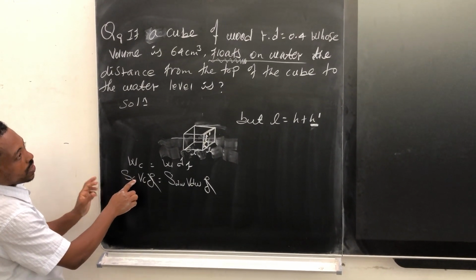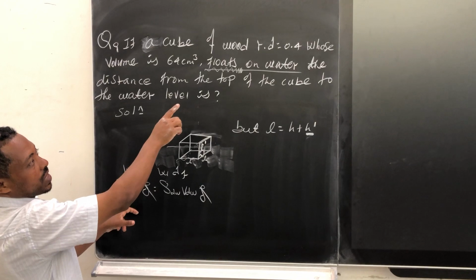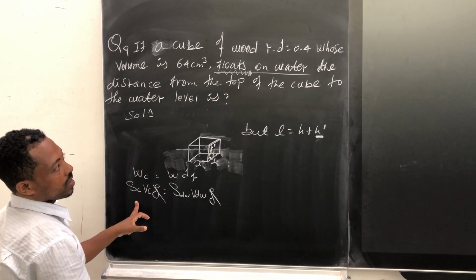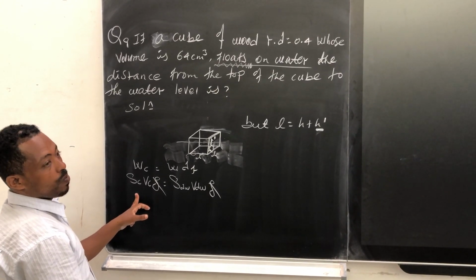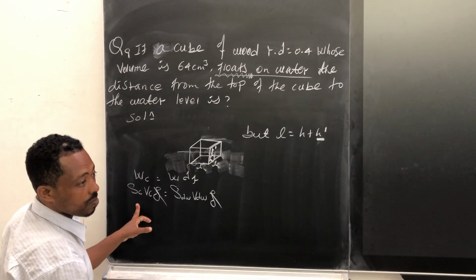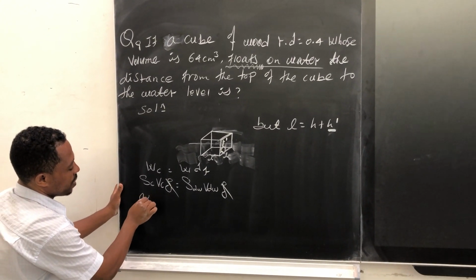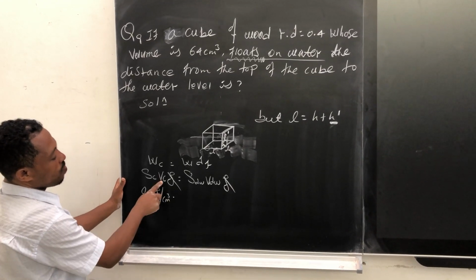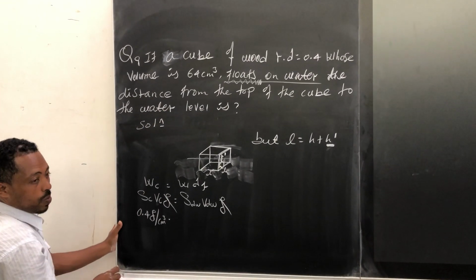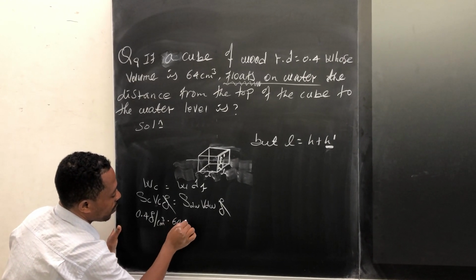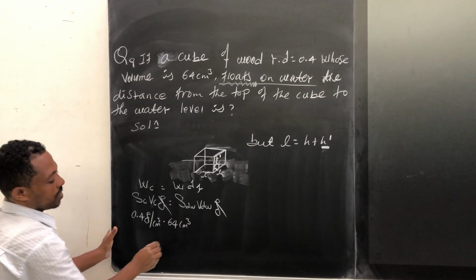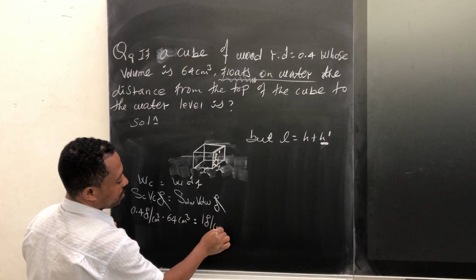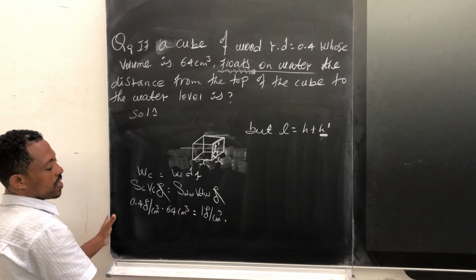The density of the cube is given, whose relative density is 0.4, and then definitely the density of the cube becomes 0.4 gram per cubic centimeter. And the volume of the cube is given, that is 64 cubic centimeters, which is equal to the density of the water, 1 gram per cubic centimeter, times the volume of the displaced water.